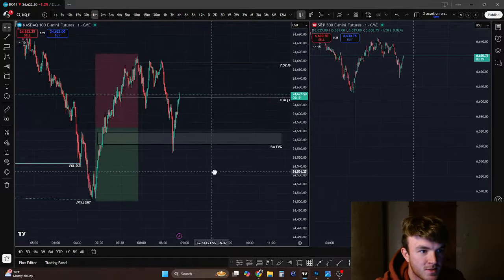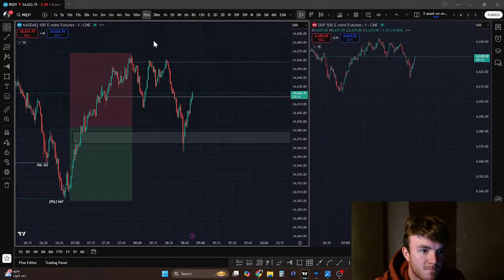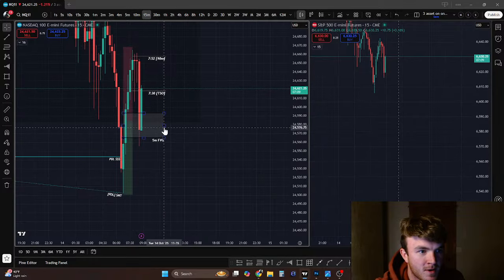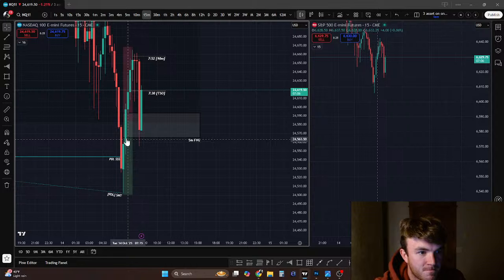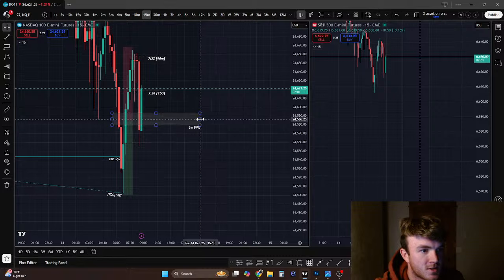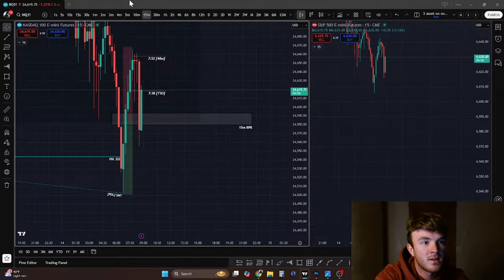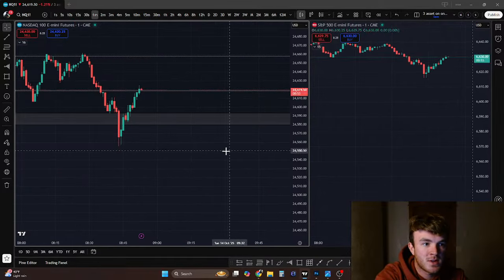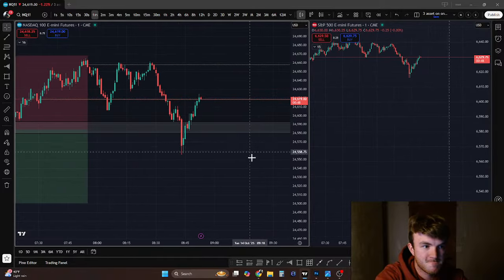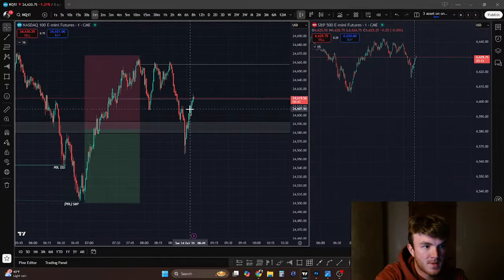I mean, clearly we used equilibrium here. So we're reacting off a 15-minute BPR. We used equilibrium. It's tricky because I know I want to take a trade to the upside, but I'm trying to figure out what's the trade, you know? One minute change in state.